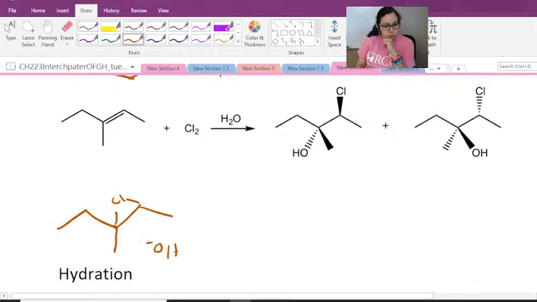However, this is more favorable since there are more carbons attached to it, so it can stabilize the positive charge. So it's going to go to the more substituted carbon, except again it can attack from 2 sides, either from the front to give you this product, or if it goes from the back, then we get our other product. So in this case, we would get 2 different stereoisomers.